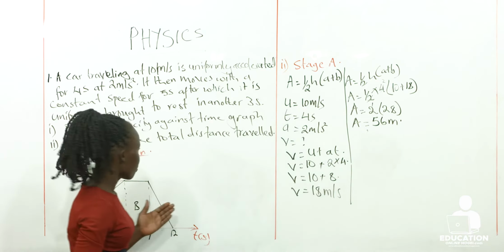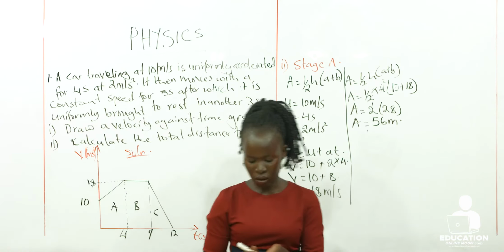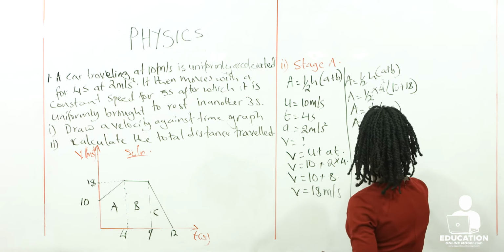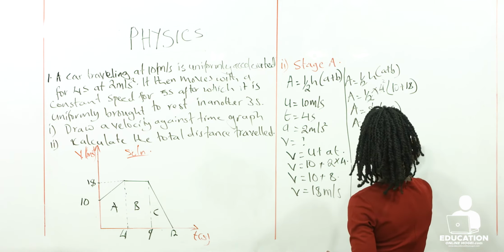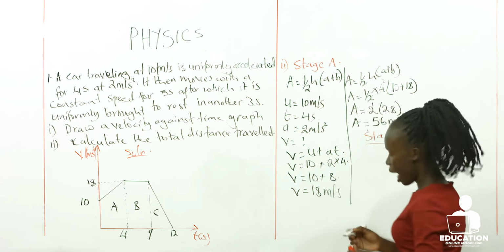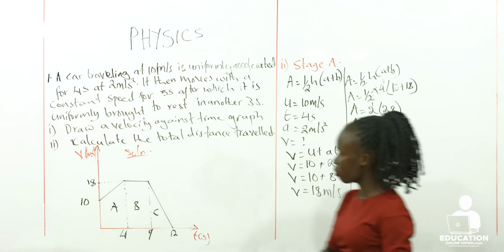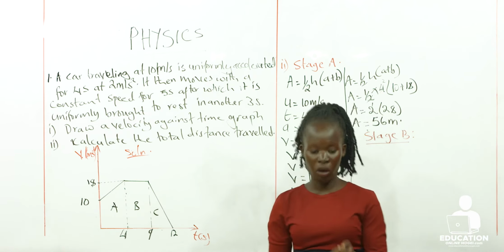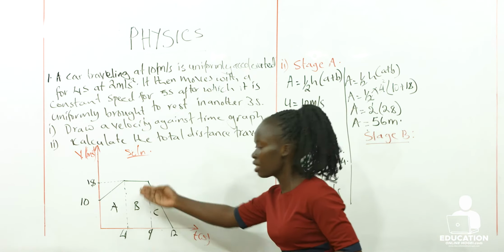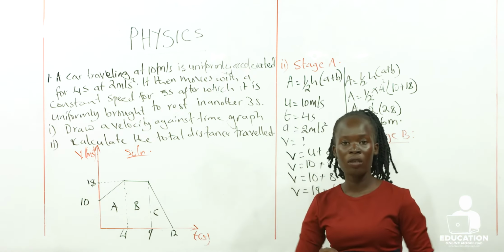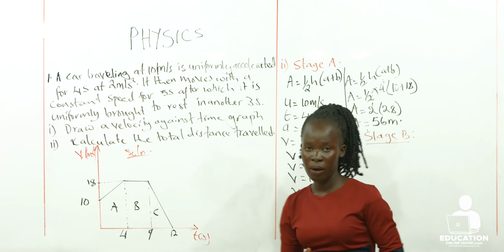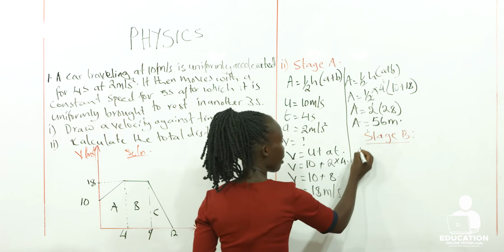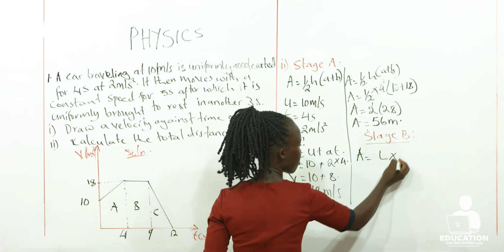So what of the next stage? Let's look at stage B. At stage B here, what is the shape we got? It is a rectangle. So we are going to use the area of a rectangle to find the distance covered by the body when it was moving with a uniform velocity. So we shall have our area is equal to length times width.